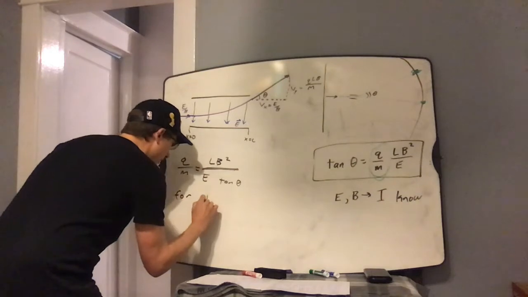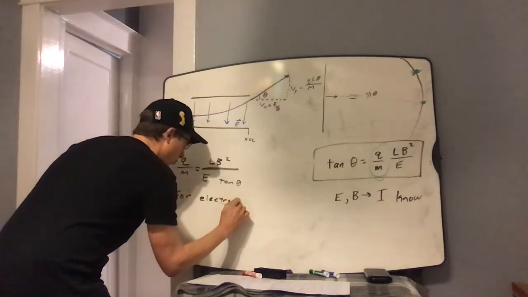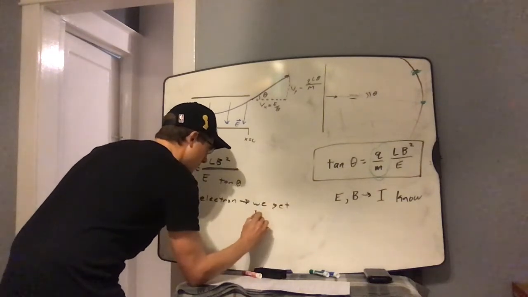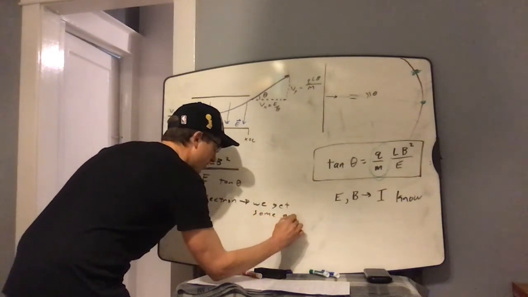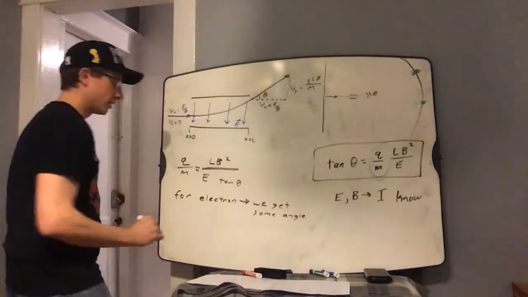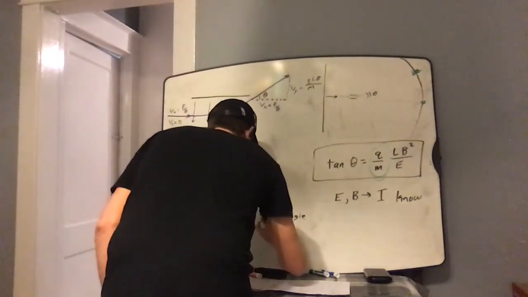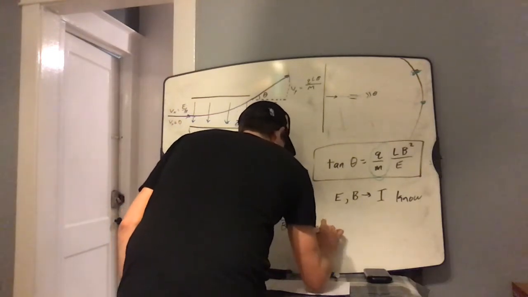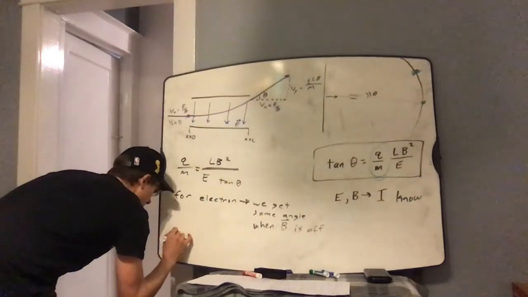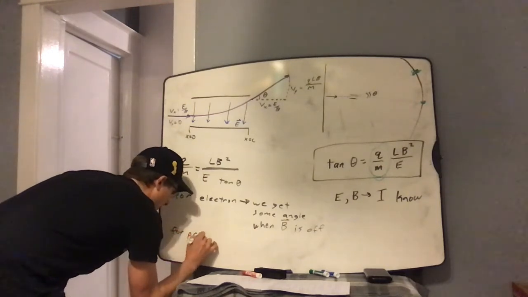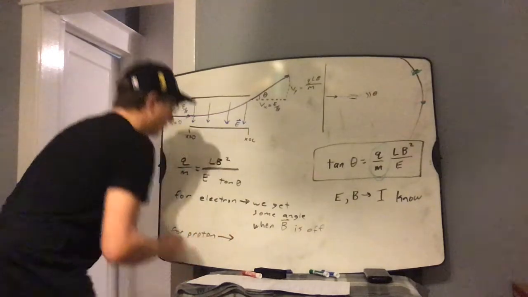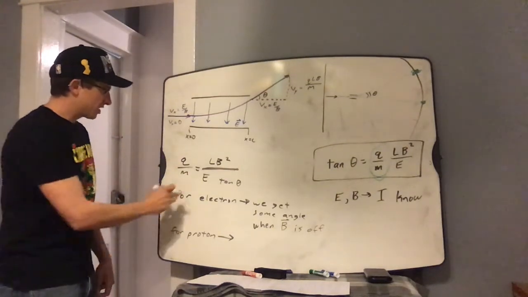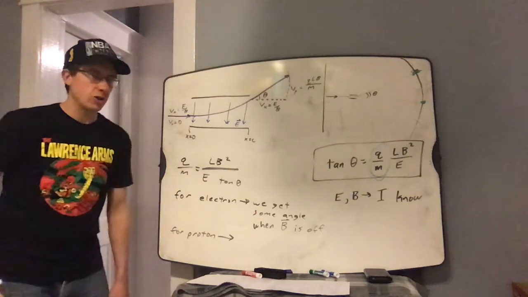And so I could say for an electron, we get something. We get some angle of deflection when B is turned off. For a proton, if a proton has a larger mass, then you would expect this number to be much smaller.